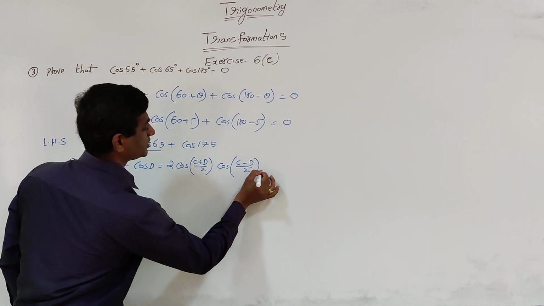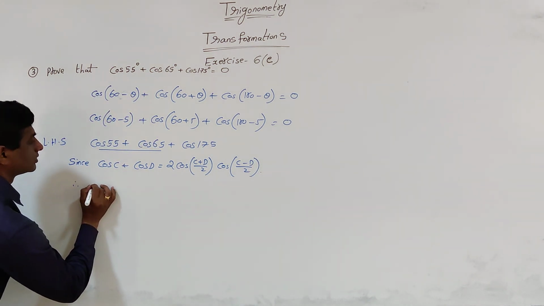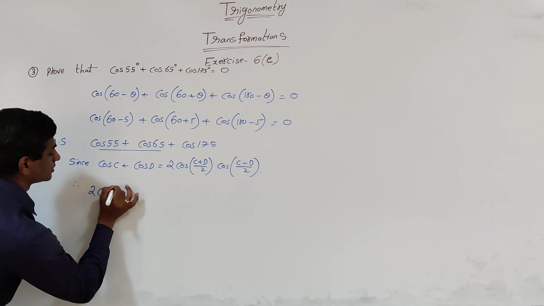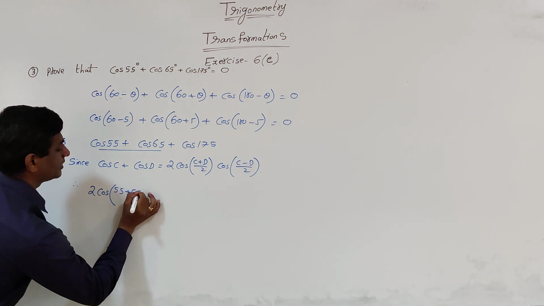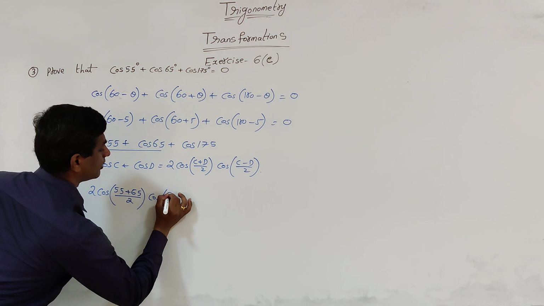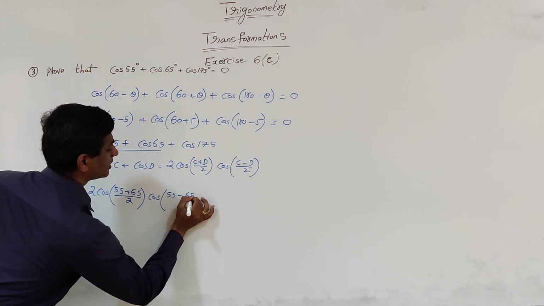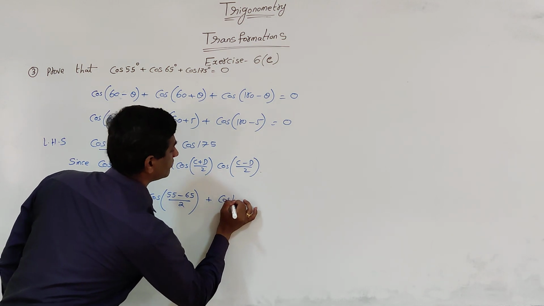So this is the transformation we are going to apply here. Therefore, 2 cos of (55 plus 65) by 2 into cos of (55 minus 65) by 2 plus cos 175 as it is.